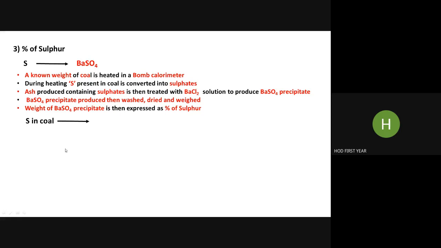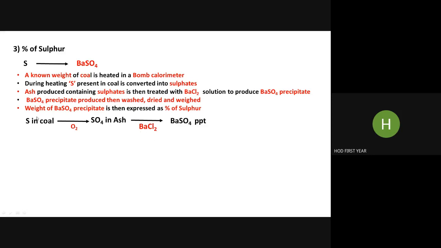If you look at the experiment, you will find one atom of sulfur is converted to one molecule of BaSO4. So the initial step is sulfur in coal is oxidized, allowed to burn completely. Sulfate is produced that remains in ash. Okay, so ash is treated with barium chloride, and we have barium sulfate.